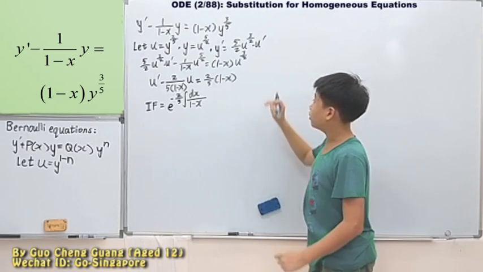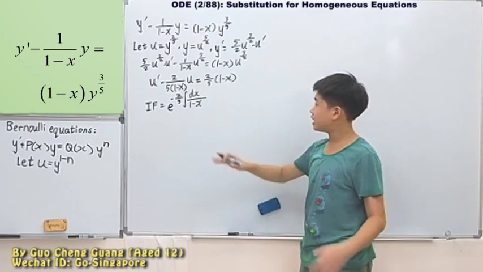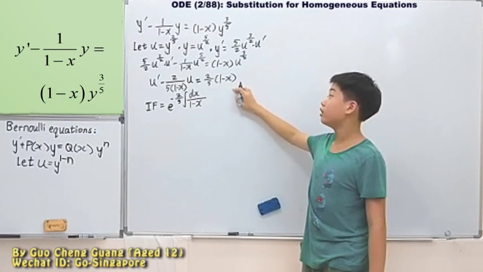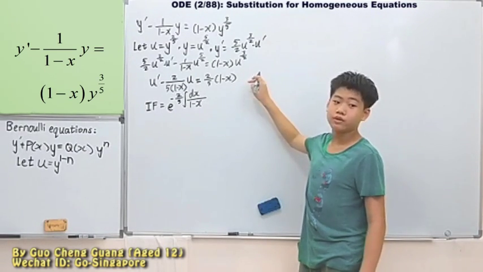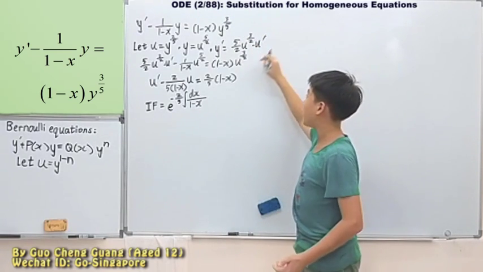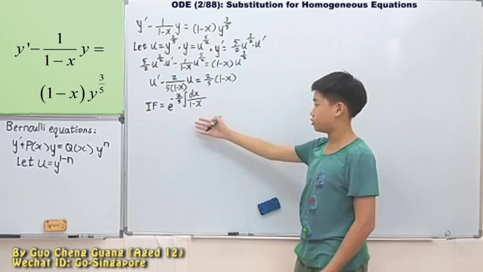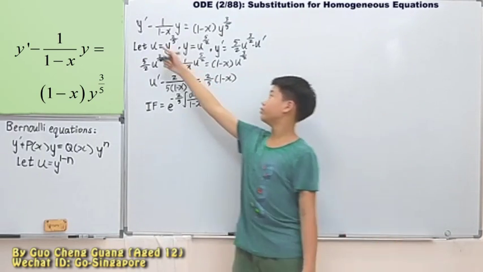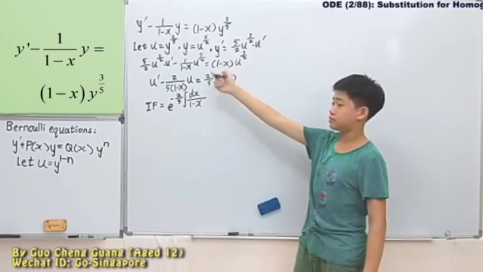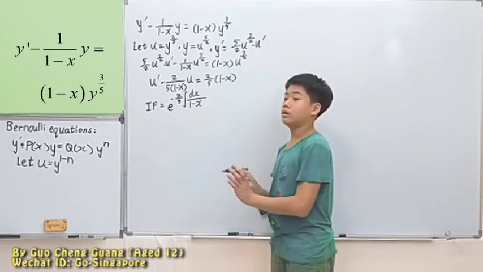But after we made this substitution, it magically gives us a linear ordinary differential equation. So it's just from non-linear to linear by the method of substitution. And that allows us to solve the whole thing. If you come straight from here and don't use the substitution, I'm not sure what other methods you can use.